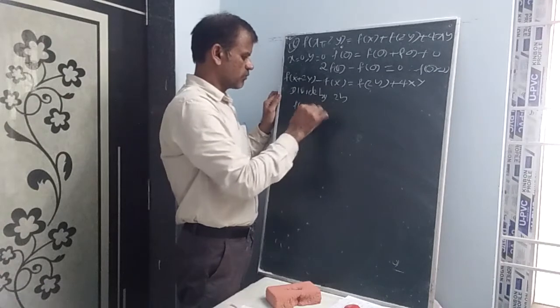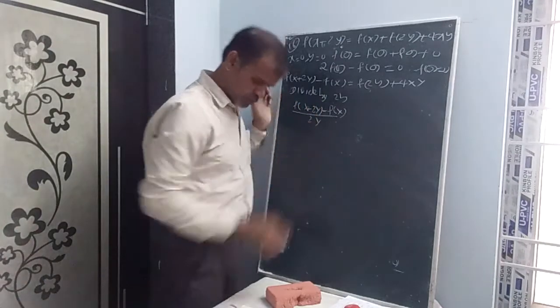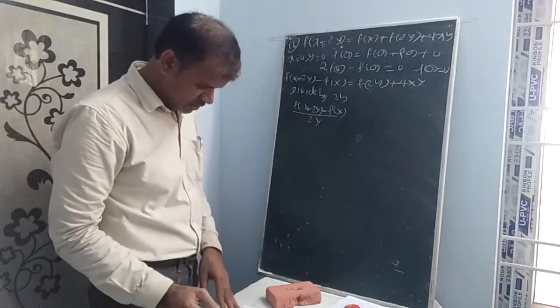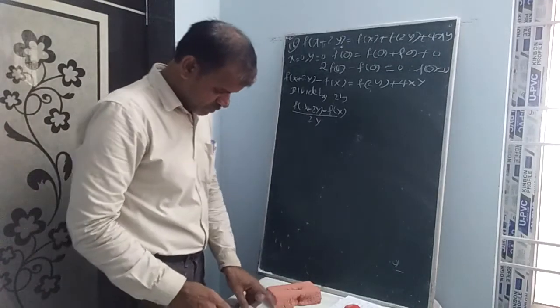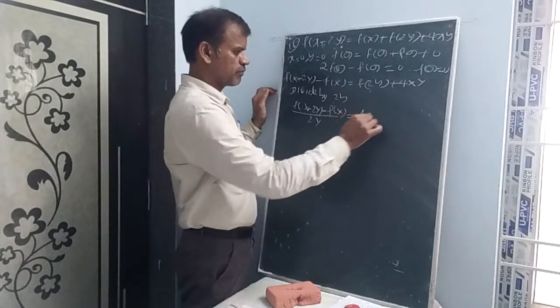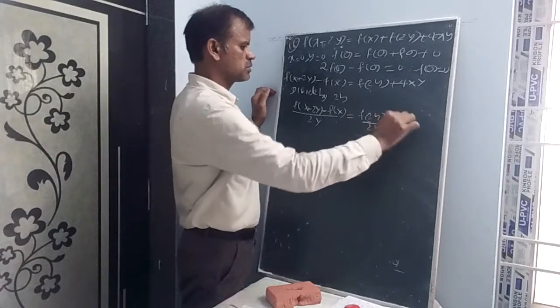So this is (f(x+2y) minus f(x)) whole by 2y. This is f(2y)/2y plus this is 2x.